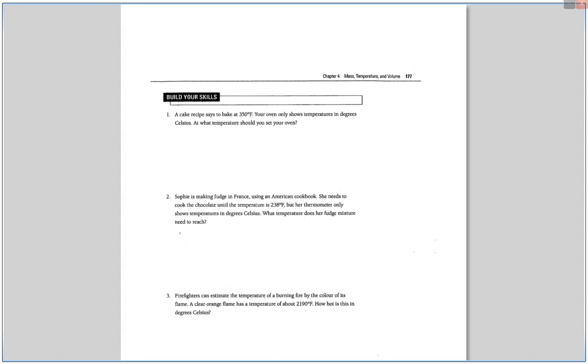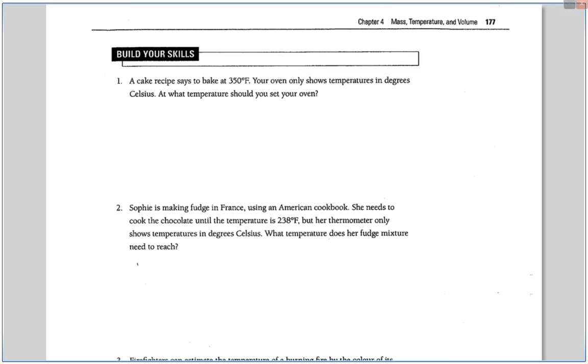Now what this first section is going to do is just ask you to convert temperatures and then answer questions. So it says a cake has to bake at 350 degrees Fahrenheit. At what temperature should you set your oven in Celsius? So Celsius will equal F take away 32. Once you get that answer, times by 5 and divide by 9.